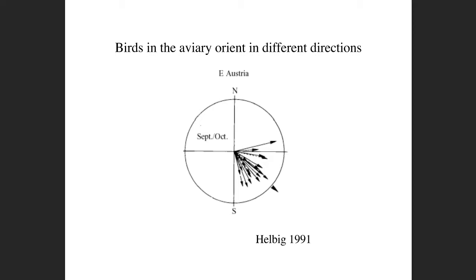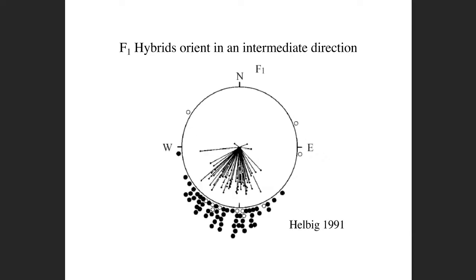When you hybridize these two birds and you rear their offspring in captivity with no migration experience, the hybrids orient in an intermediate direction.